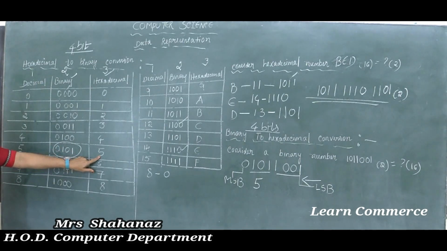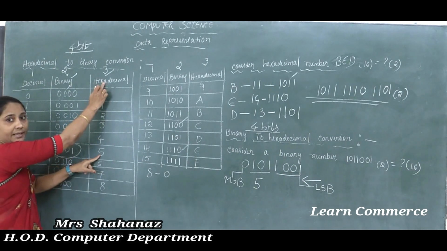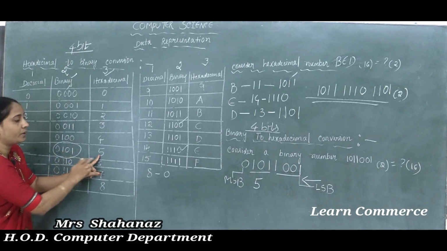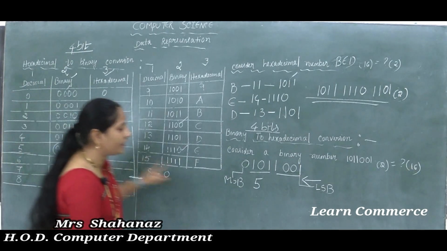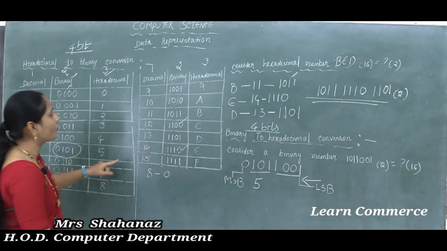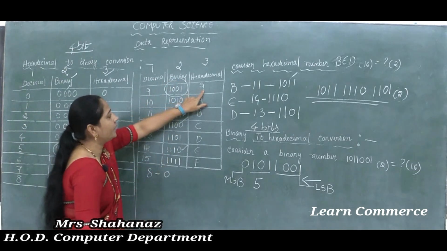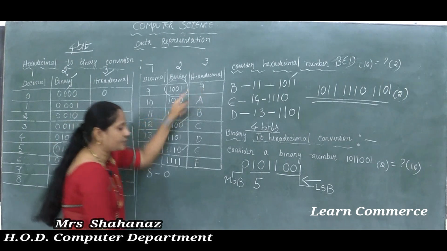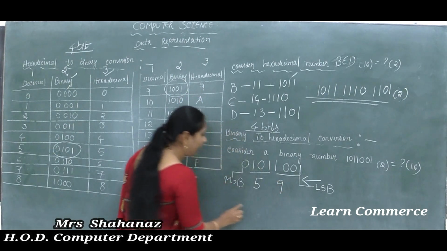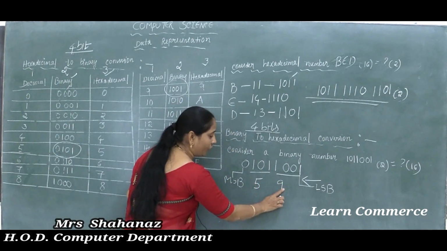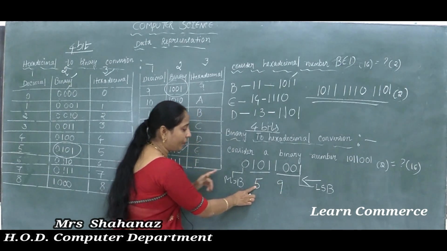Now here we are going to convert from binary to hexadecimal. So this is the hexadecimal column. 0101, the number is 5, and the next number is 1001. That means for 1001 the number is 9. Clear this one? So we can say that the answer is 59. How did we get the number 5?